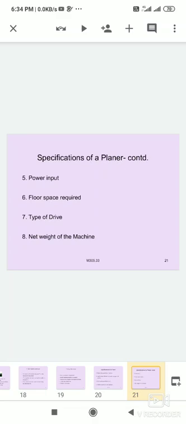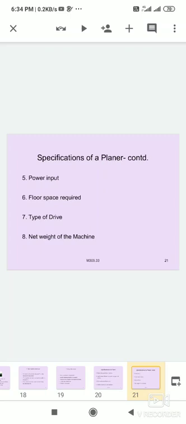And floor space required: how much floor space is required, where it is located, in the industry or colleges or workshops, and how much area is required for establishing the machine. It is very important.